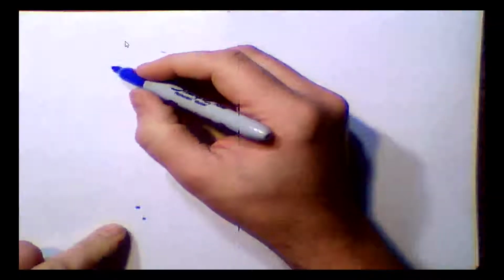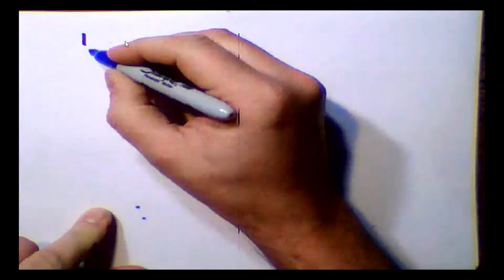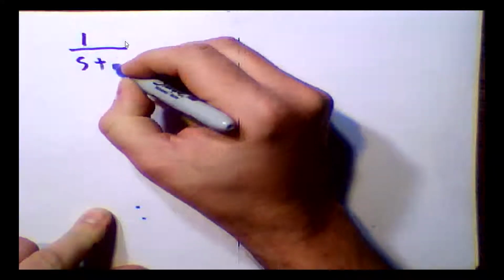Now, we are also interested in realizing transfer functions of a more complicated nature. Transfer functions of a more complicated nature begin with 1 over s plus lambda.